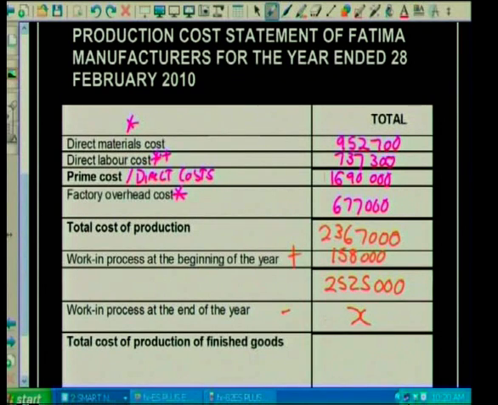I'm going to call this X, it's unknown, which means my total cost of production of finished goods I also can't calculate, so I've got two X's. Whenever you've got two unknowns, guys, remember you need to try and calculate one of the unknowns. So if I can calculate my total cost of production of finished goods, I can then easily calculate my work in progress at the end of the year.